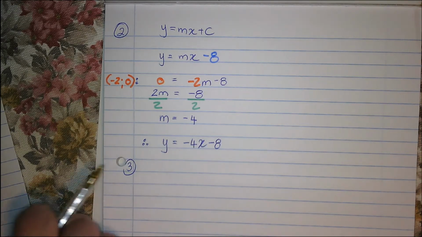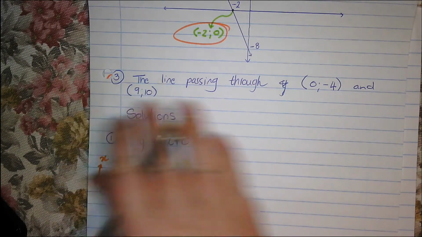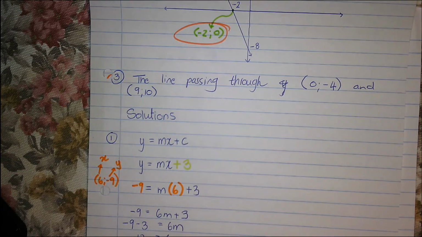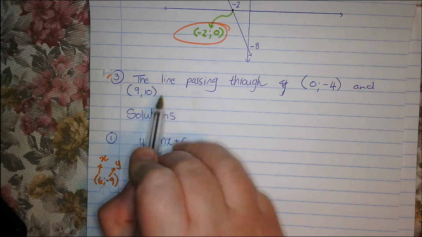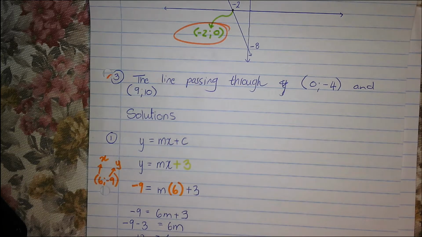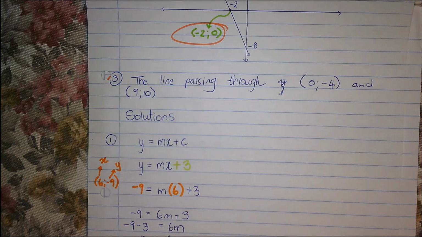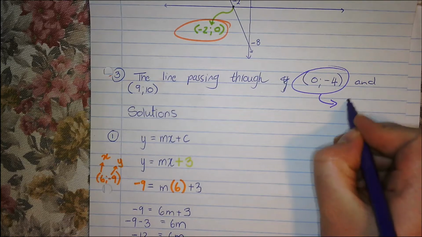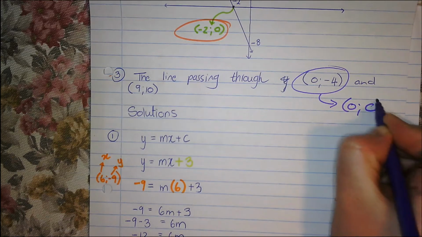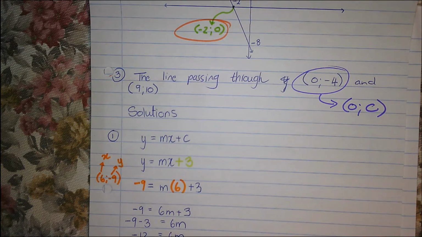Okay, and then again, when you have verbal directions like this, the line passing through 0, negative 4, and 9 and 10, your first instinct is to work out the gradient, if you've learnt about the gradient already. But in this case, the fact that this coordinate has the form 0 and a number, that's always my y-intercept.